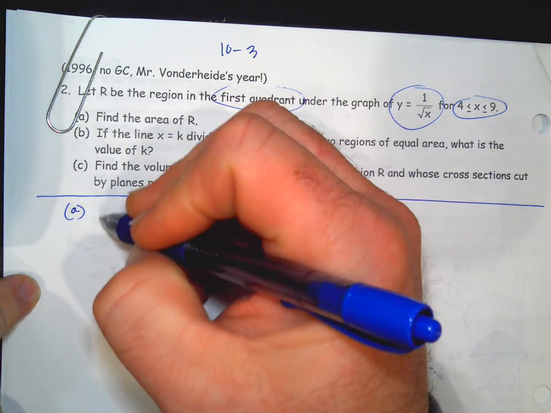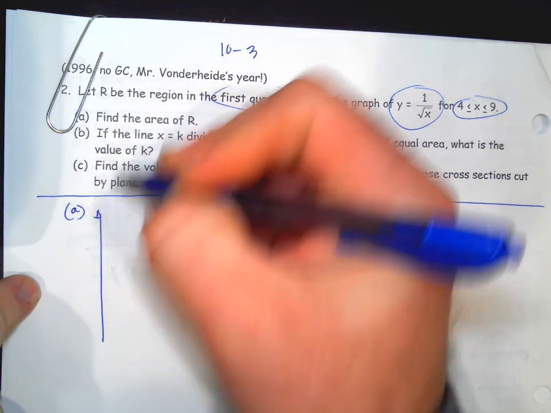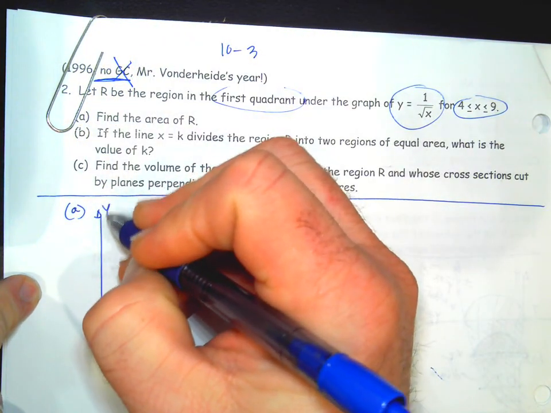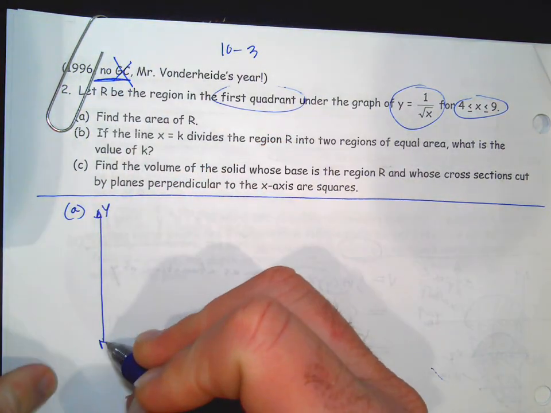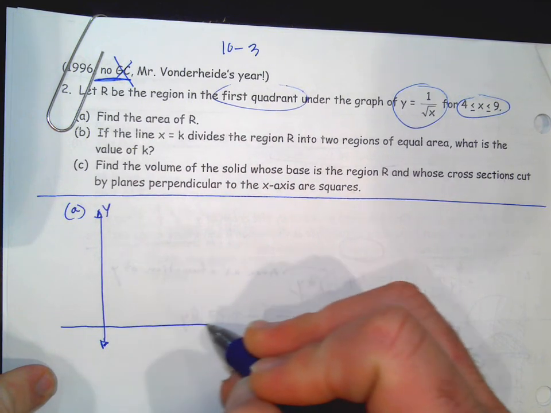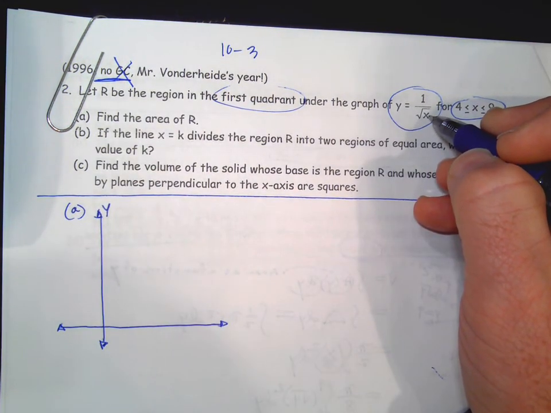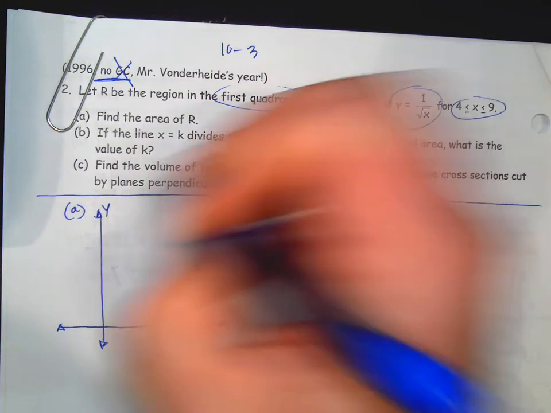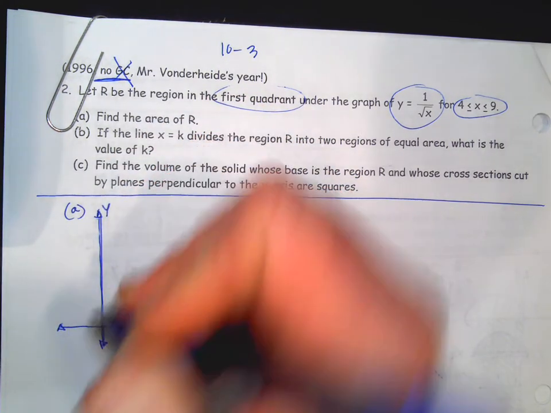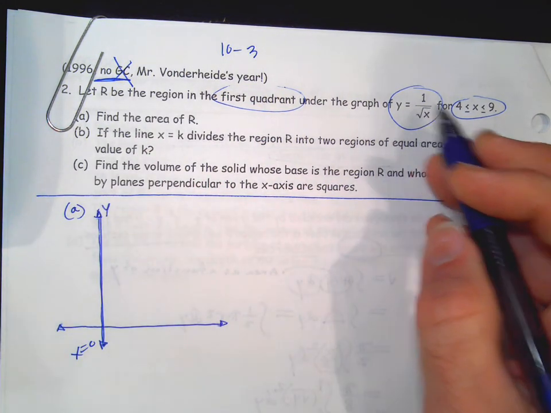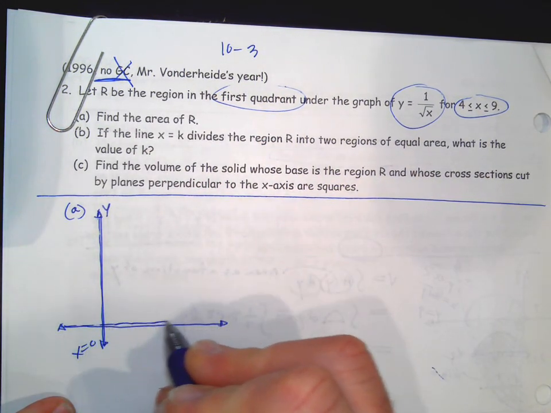Okay, so I would draw a sketch. This is no graphing calculator. So what would this graph look like? Well, this is a rational function. It has a vertical asymptote when you have division by 0, which would be x equals 0. As you go to infinity, it goes to 0, so it has a horizontal asymptote.